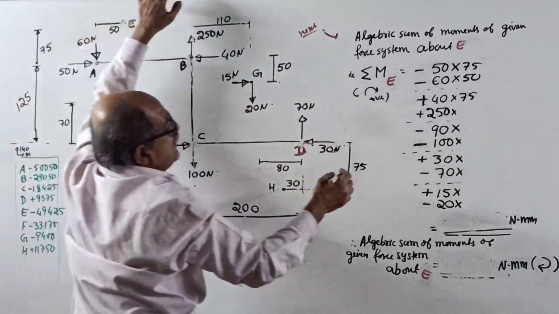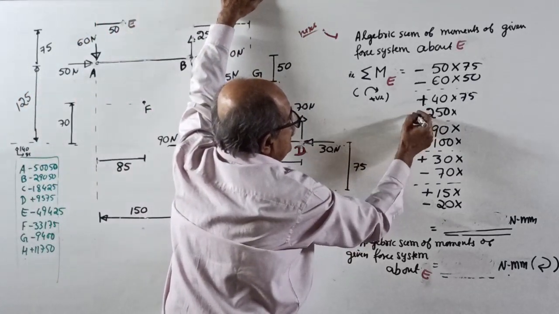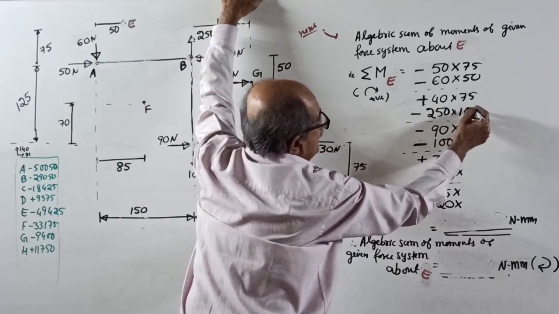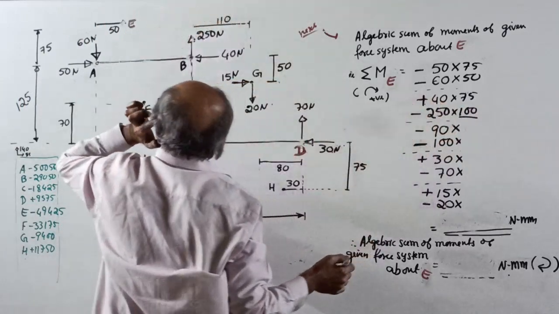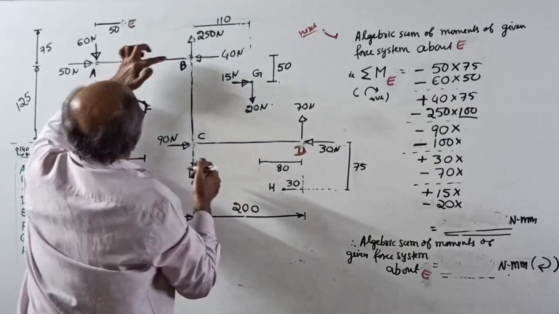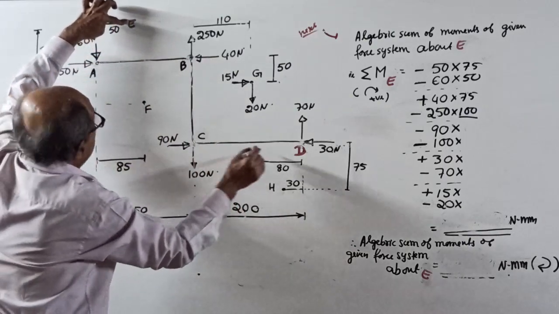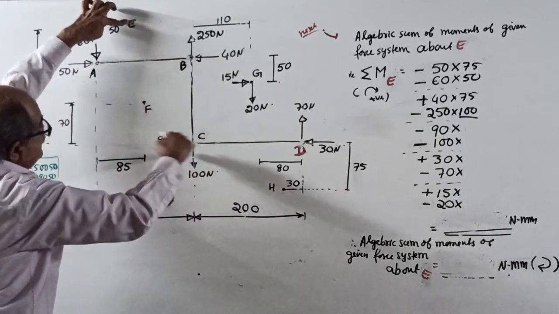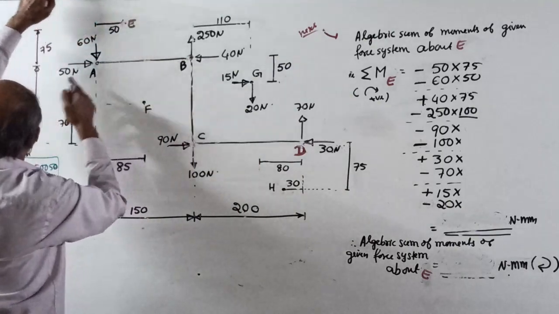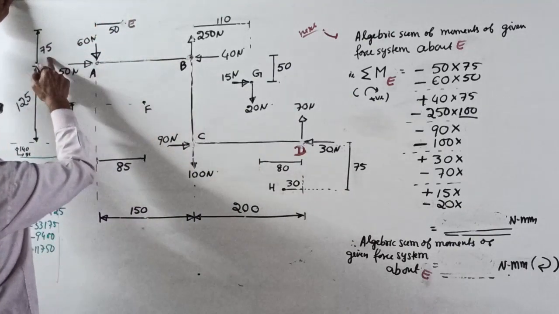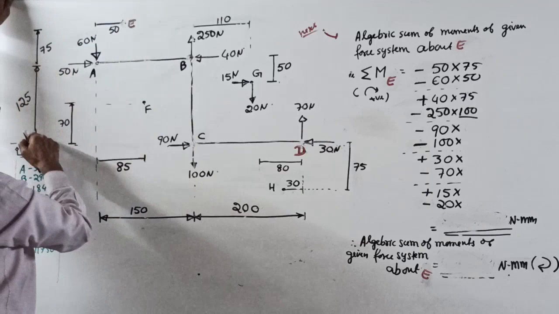250 into 100 anti-clockwise. Minus 250 into 100. Write how this 100 came. 100 correct? Correct. Okay. Then about point E, 90 into this full height of 125 plus another 75. It will become 200.